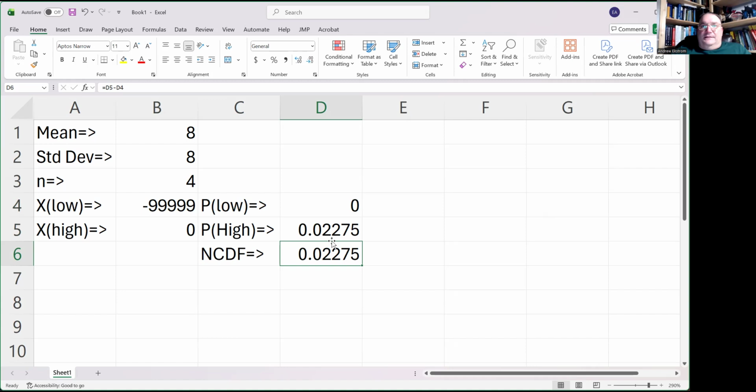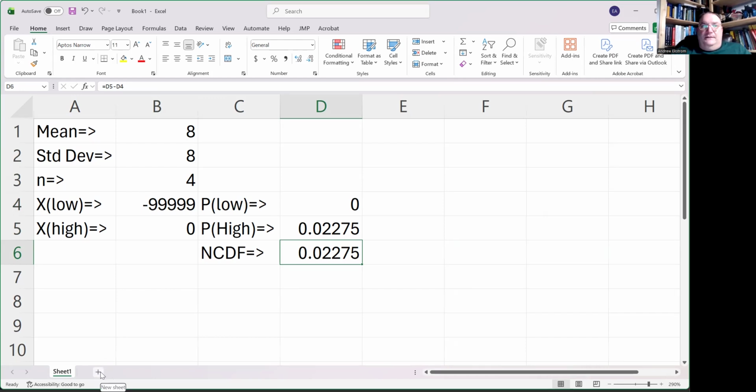So this is a lot easier to deal with than what we were doing before. Once we've got all this stuff set up, it's really easy to go through and play around with it. And again, if you don't have a TI-83 or TI-84 calculator, everything that we're doing here makes it so much easier to do.